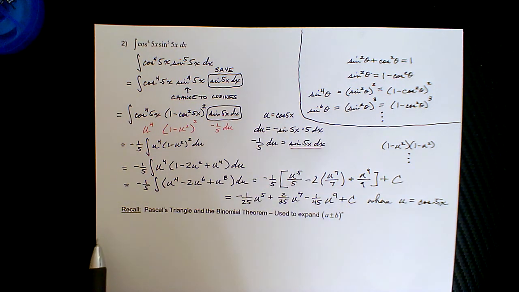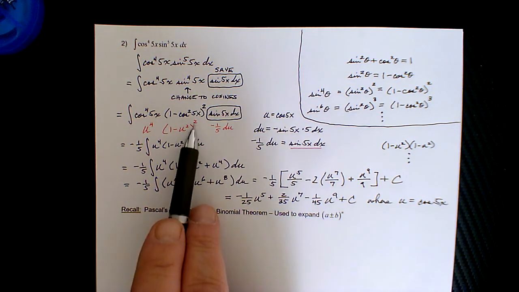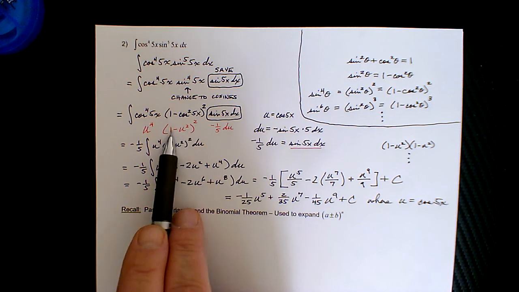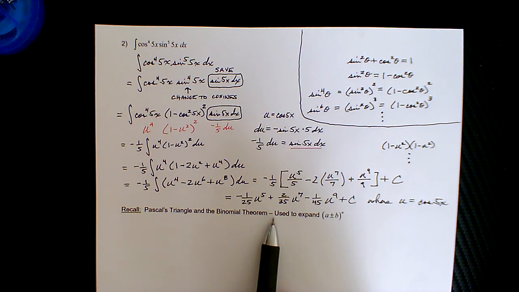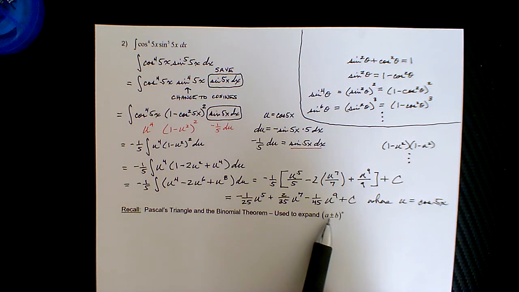so we could integrate. If this is a power of 3 or higher, then the most efficient way to proceed in terms of its expansion is Pascal's triangle and the binomial theorem. So in general, that's used to expand any binomial, a plus or minus b raised to the nth power.